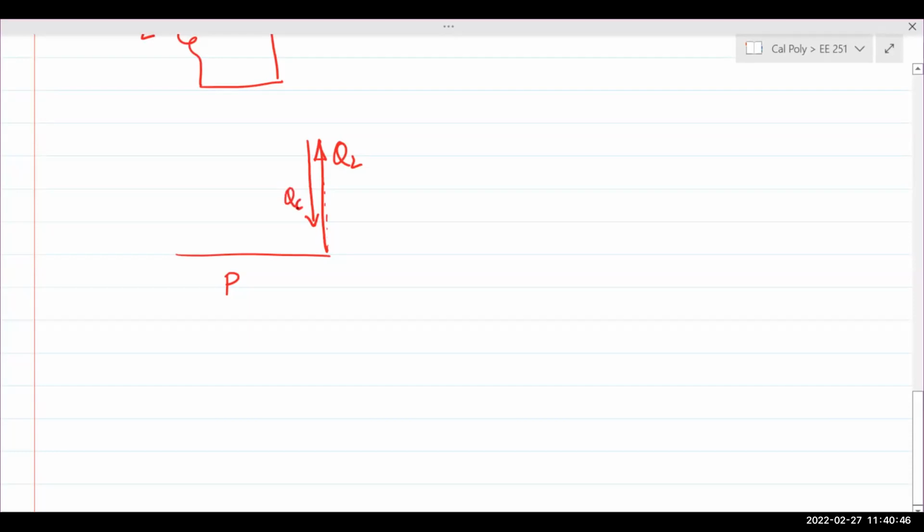Remember, it's a vector. So when you apply the law of conservation of energy and you're adding up all the vectors, you're starting at the endpoints. Anyway, if only Q_L was present in the circuit, this is your requirement. But now with Q_C, your requirement or your angle is now very, very small. Okay, and that is power factor correction.